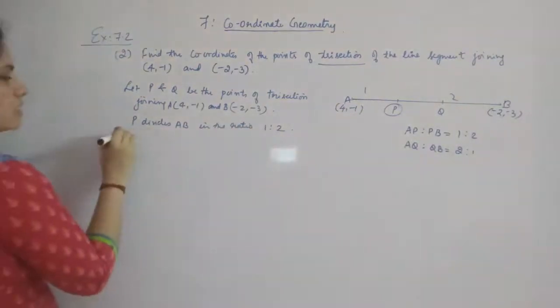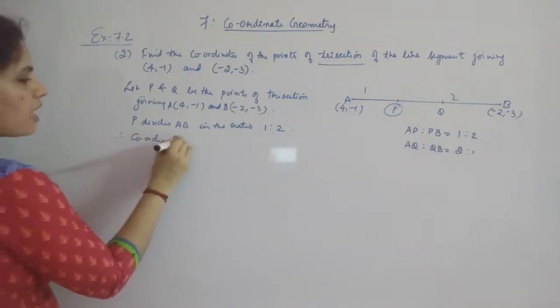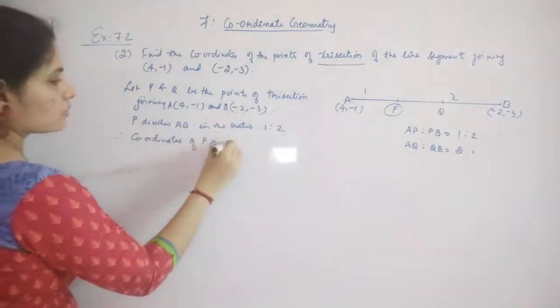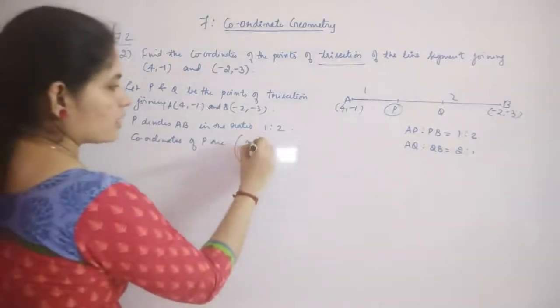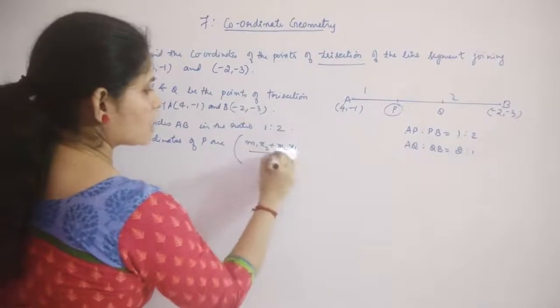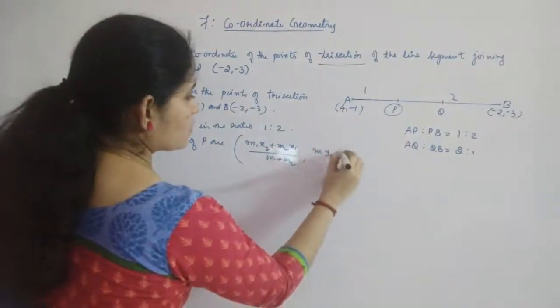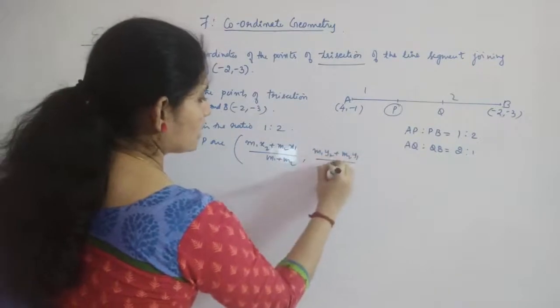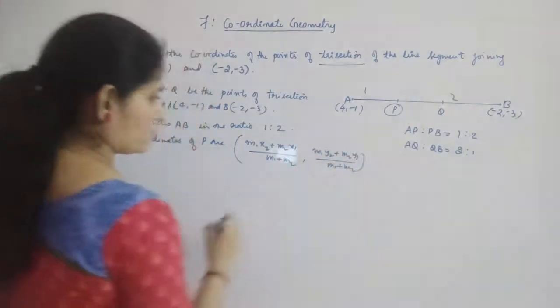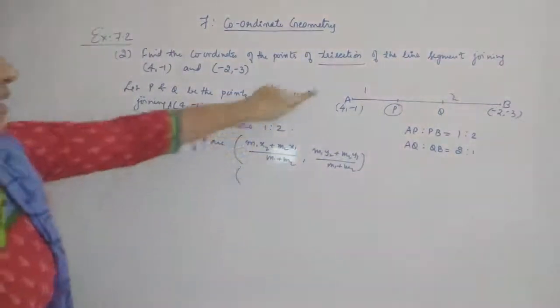So we are finding the coordinates of P. What is the formula again? M1 x2 plus M2 x1 divided by M1 plus M2, comma M1 y2 plus M2 y1 divided by M1 plus M2.